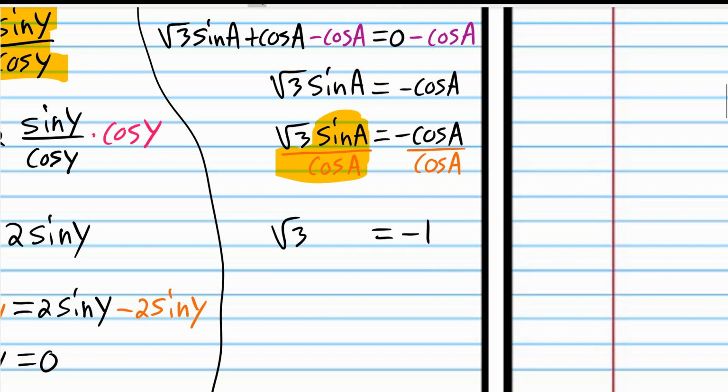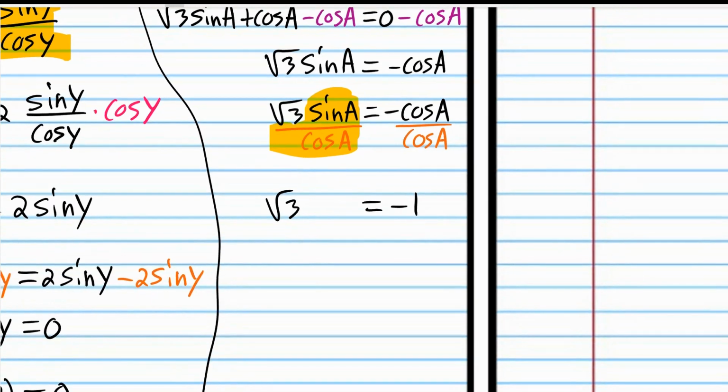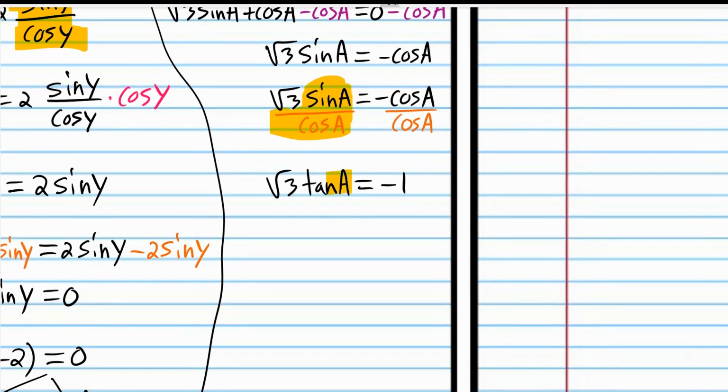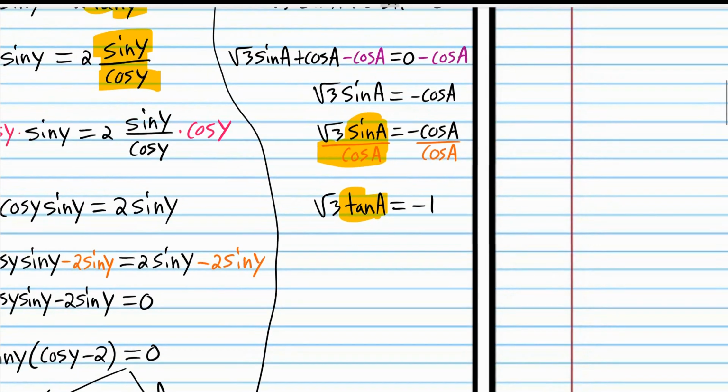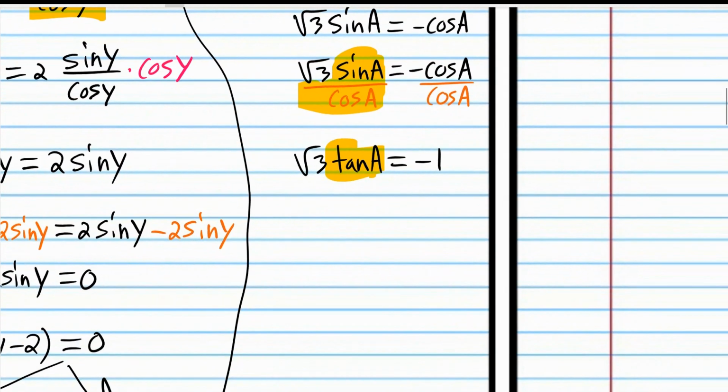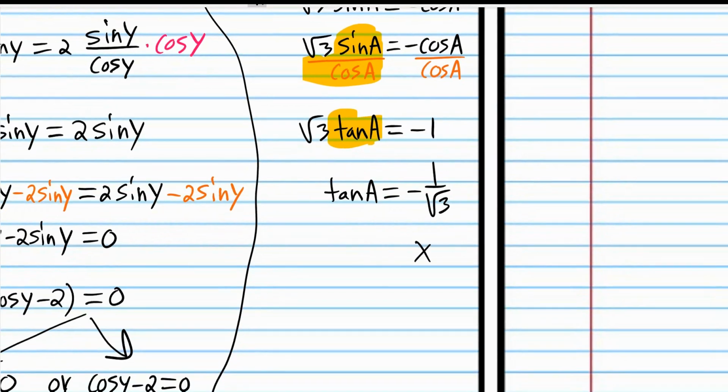That's where the ratio identity comes in. Sine over cosine is equal to tangent A. Now we're going to divide both sides of the equation by root 3. And now you may recognize this as x over x root 3. That's a 30, 60, 90 degree triangle.